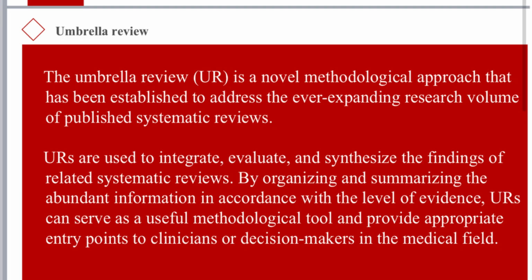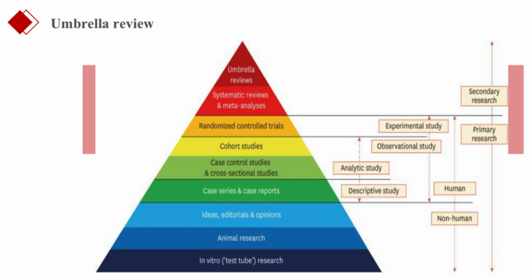This is a triangular diagram to give you the overview of where each review and study stands. We can see the non-human and the human section, then the umbrella review upward, followed by the systematic review. Both are secondary research.